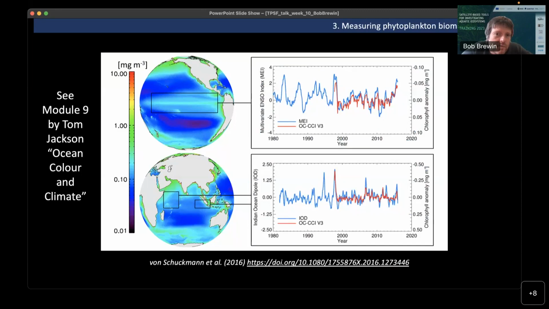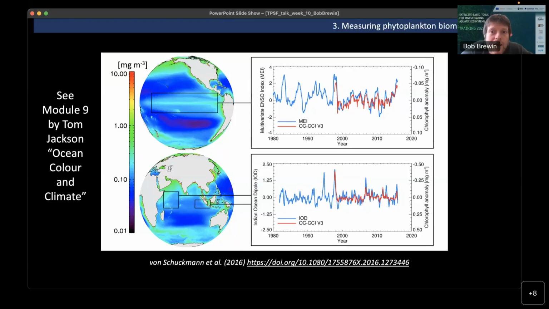On the top right is the multivariate El Nino La Nina Southern Oscillation Index as a function of time over the period of 1980 to 2020. And on the bottom is the Indian Ocean dipole, which is essentially a difference in sea surface temperature between the two boxes shown in the bottom left.